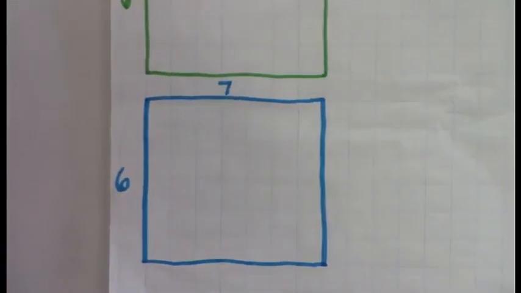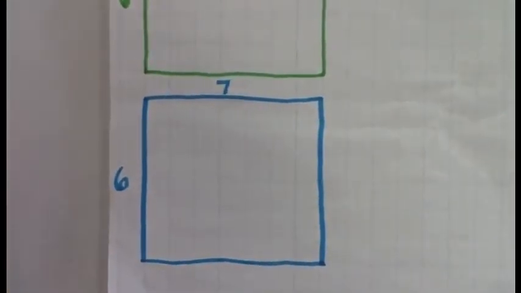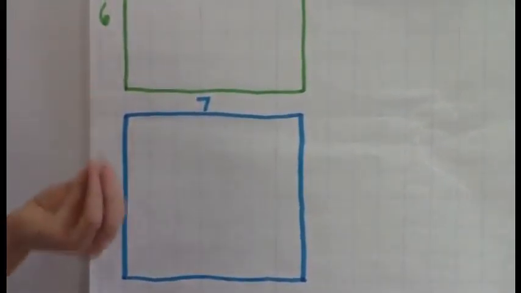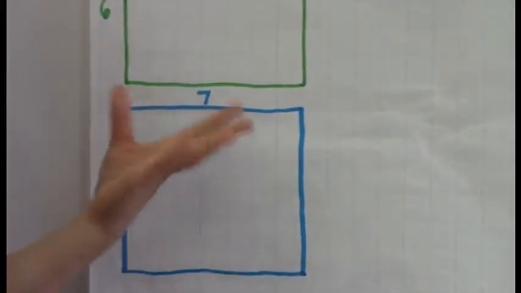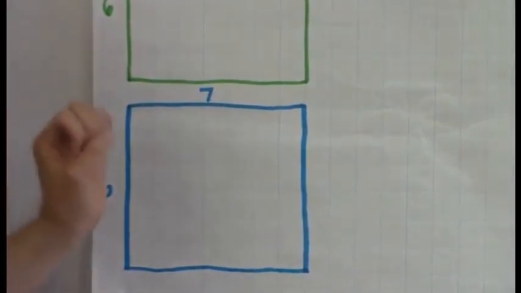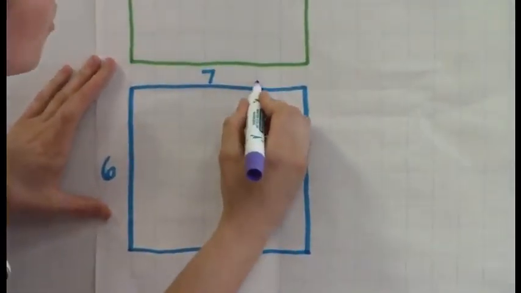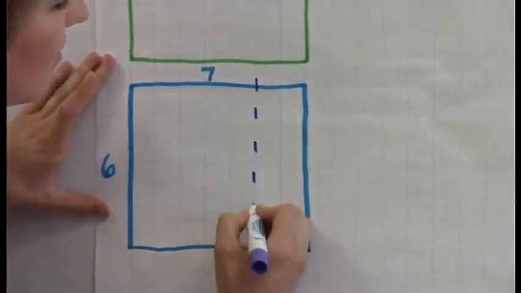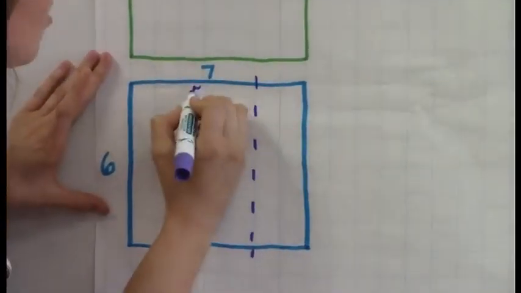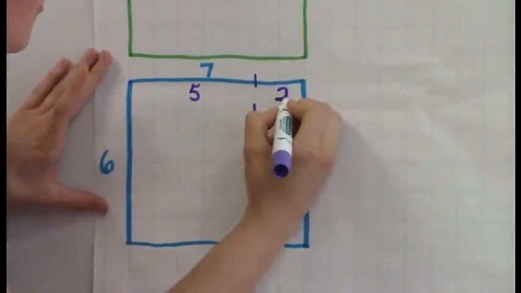So one strategy is to decompose or break that 7 into 2 simpler facts. And one set of facts that are really efficient to use is to break that 7 into a 5 and a 2. So I'm going to show that here today. I'm going to break that 7 into 5 and 2.